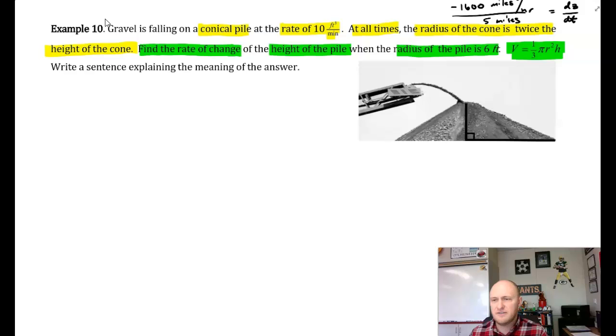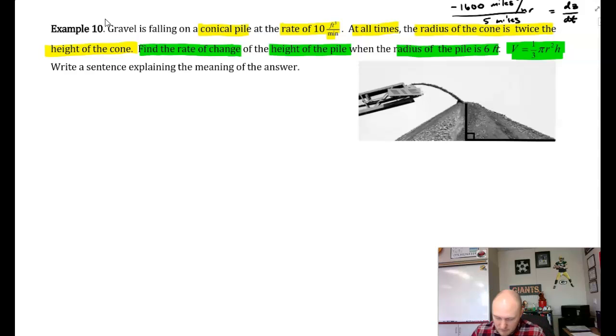Shapes that you should definitely memorize, with their area and perimeter formulas, are a triangle, a circle, a rectangle or a square. It's expected that you would know those equations. Then they say to write a sentence explaining the meaning of the answer.